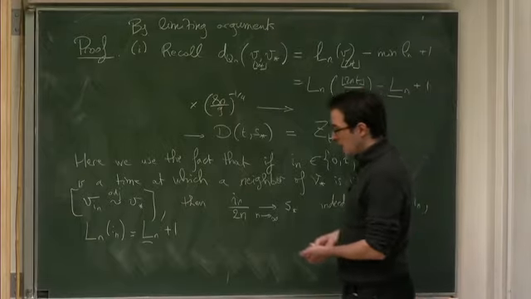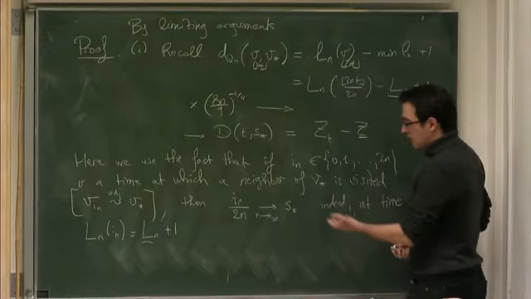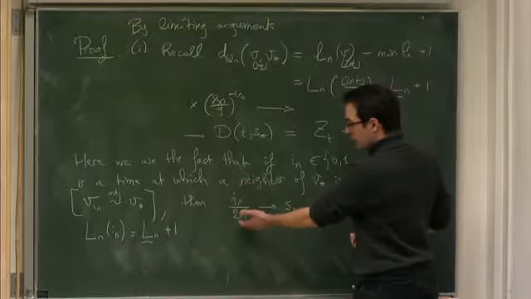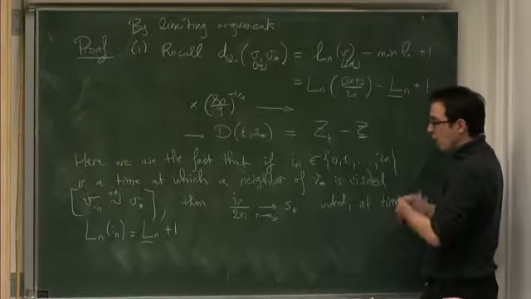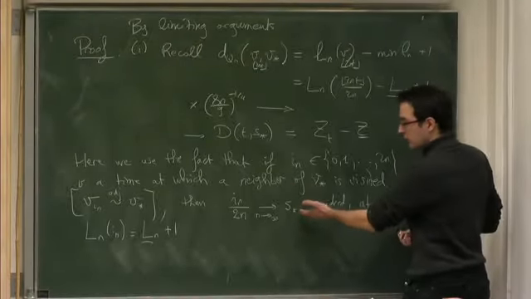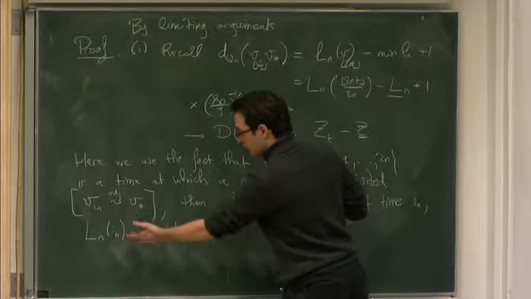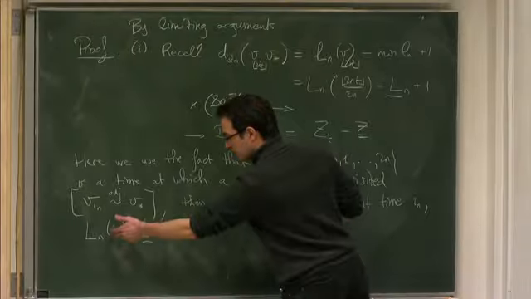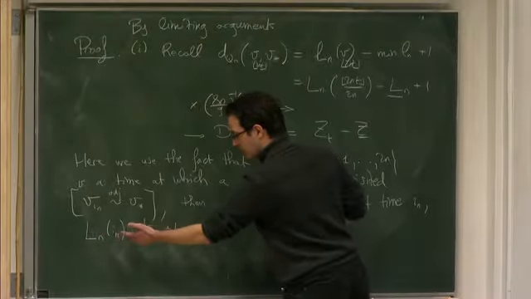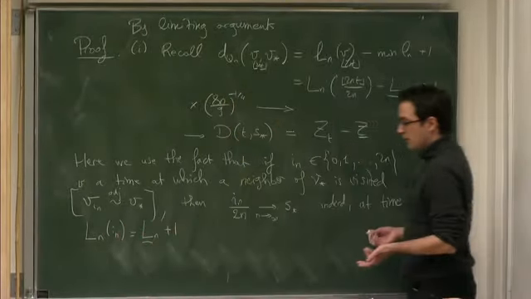So you see, In over 2n is a quantity in 0, 1, so up to extraction it converges to some limit, and this limit has no choice but to be a point at which the value of z at this limit point is equal to the smallest value of z.